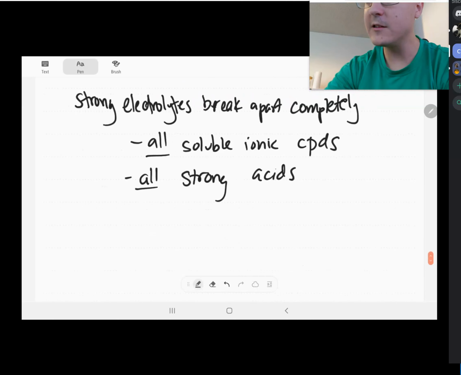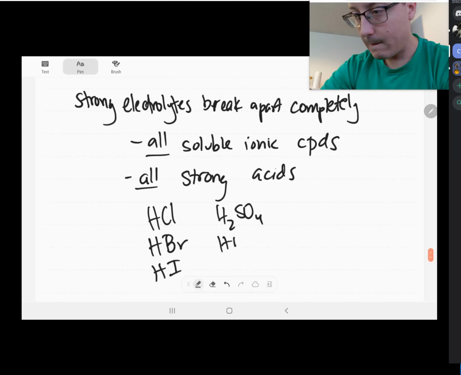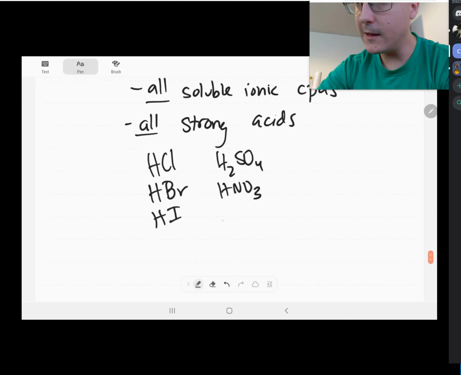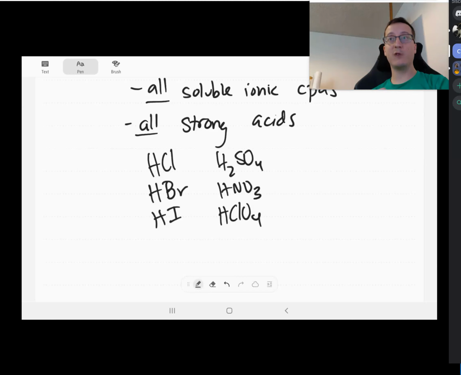Those strong acids are going to be these three, and last but not least, these 6 acids, which you will want to know, will also fully break up.